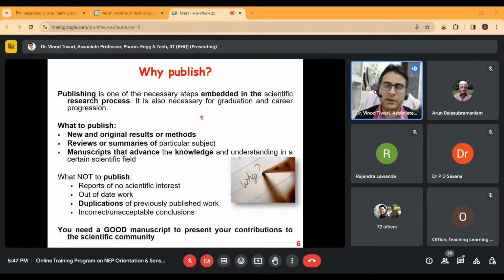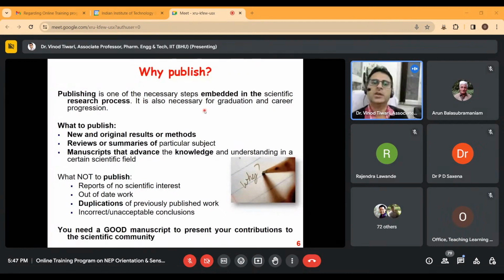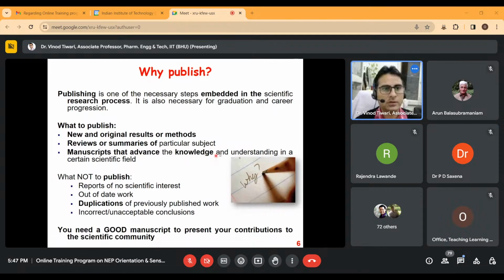Although it is not mandatory for master's students or postdocs, for PhD it is a must. Even in IIT BHU, to graduate and get your PhD degree, you have to publish at least 2 research papers in Scopus indexed journals.